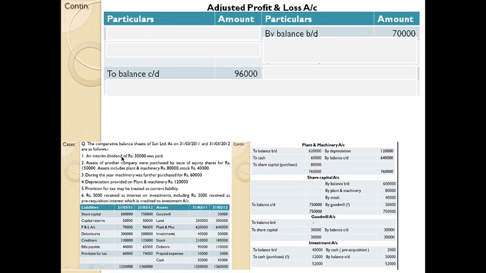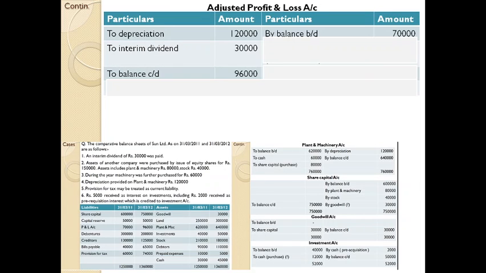In the adjustment, it is said that interim dividend 30,000 was paid. So let us record that interim dividend in the debit side because it's a non-operating expense. After that, next one, depreciation. Depreciation provided on plant and machinery 1,20,000.